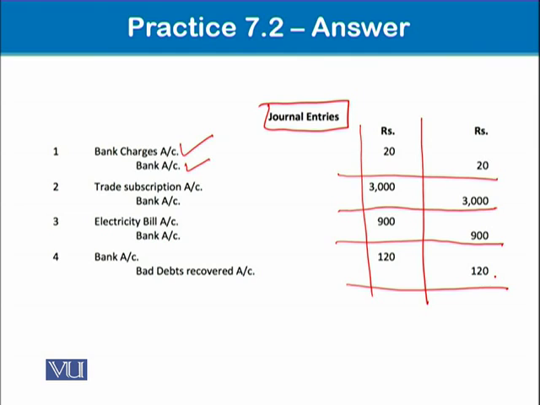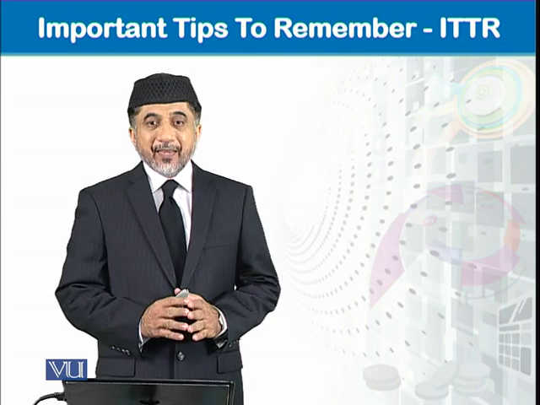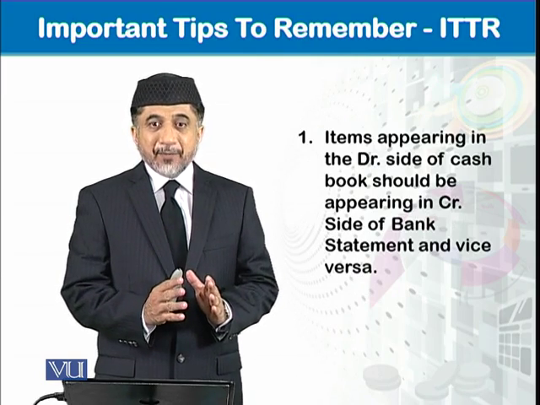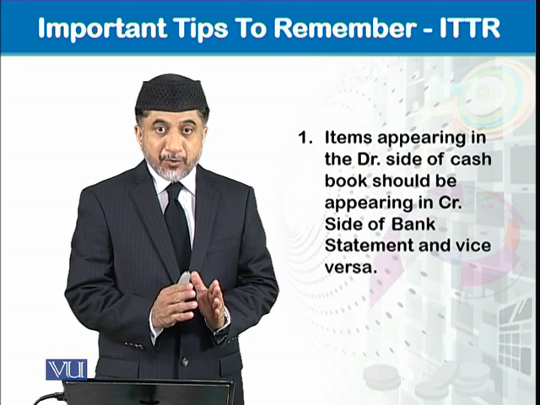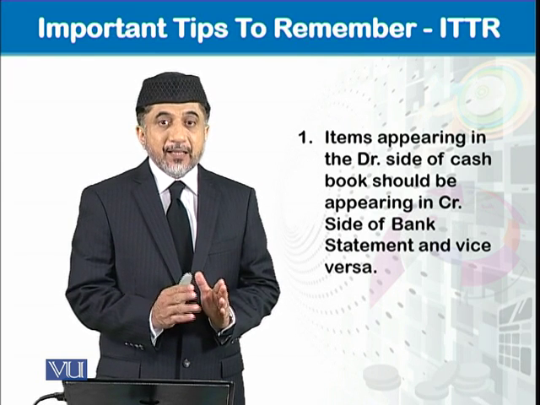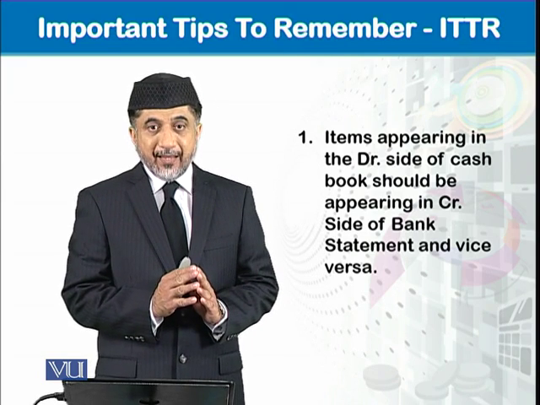So the tips in this module are that whatsoever we find in the debit side of cash book should always be appearing in the credit side of the bank statement, and vice versa.